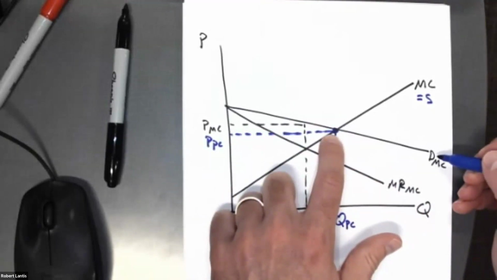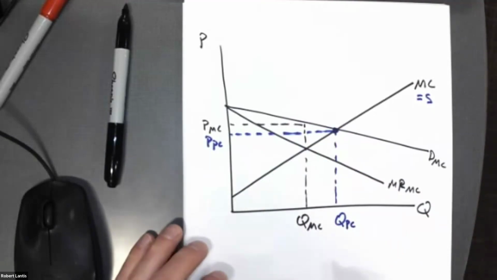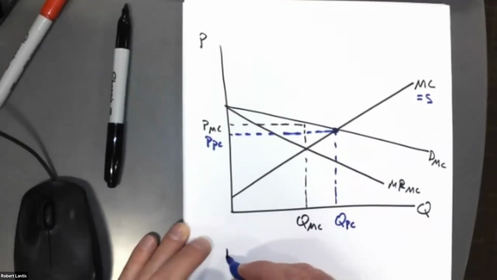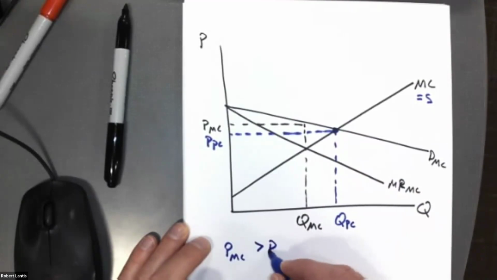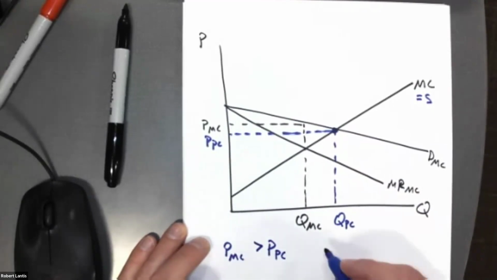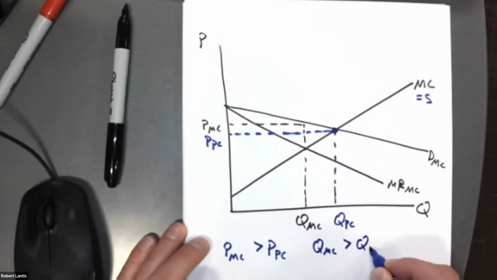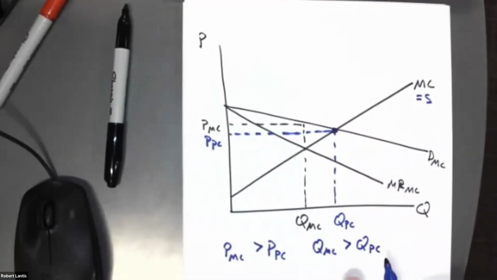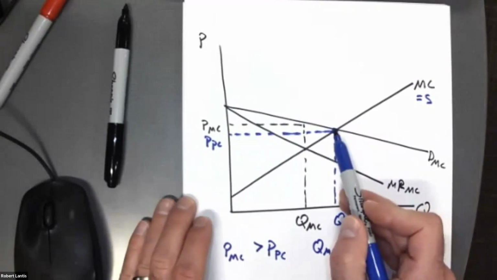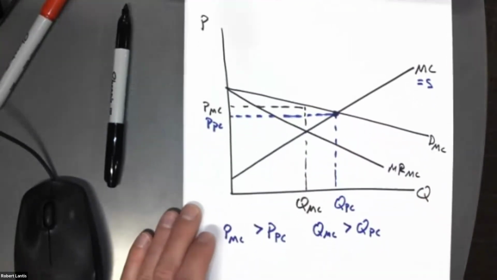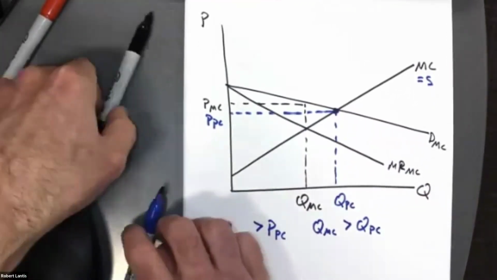We would see the equilibrium point be where the supply was equal to the demand. So what's going to end up being true? The perfectly competitive market is going to choose a lower price. However, because there's no market power, we end up at that perfectly competitive quantity, right? And then we don't have a markup to compare because what is the marginal cost and the price for a perfectly competitive firm? It's exactly the same.